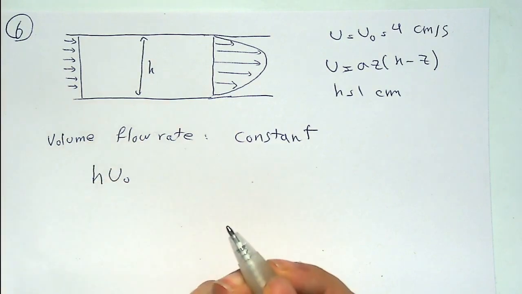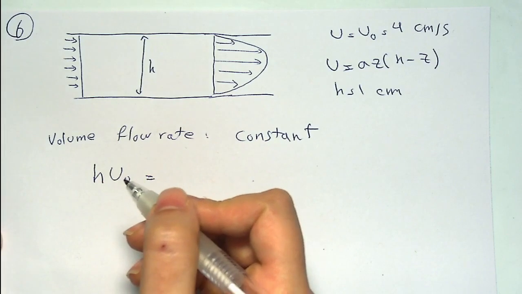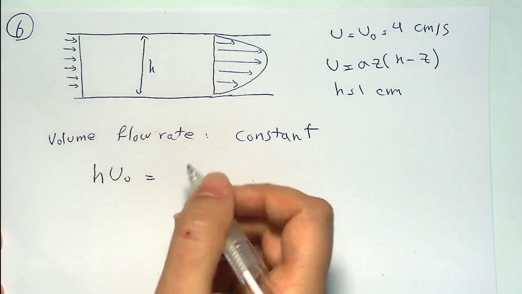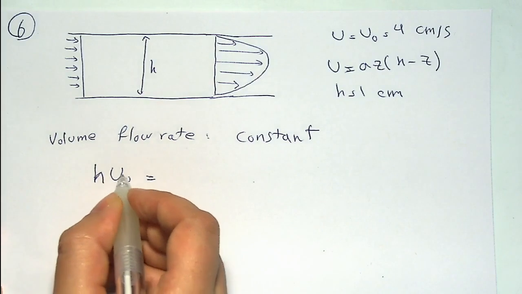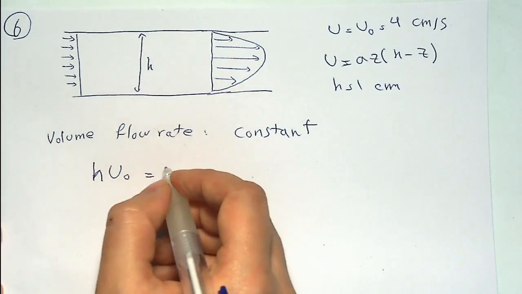You have the width of the channel as well, but it will be cancelled out. Okay, so the velocity multiplied by the height of the liquid would be equal everywhere.